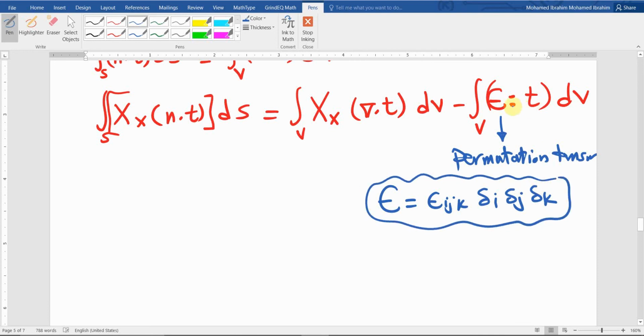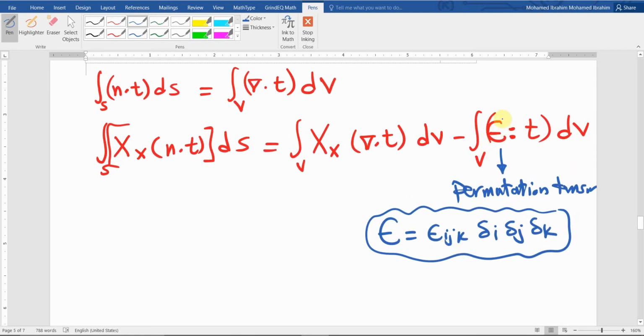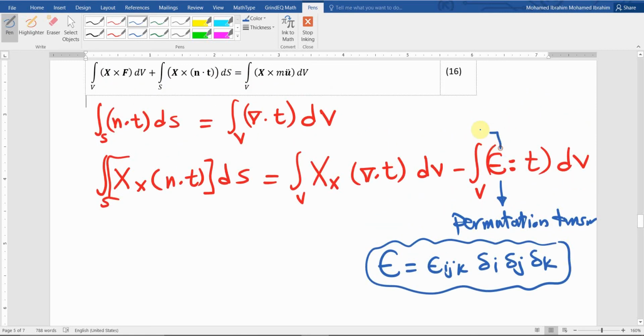And it will be multiplied, dot product times t, which is a second order tensor. So you should understand that epsilon is a third order tensor, but this one is a second order tensor. Make sense? So if you did a double dot product of a third order tensor times a second order tensor, this is gonna give us a vector.